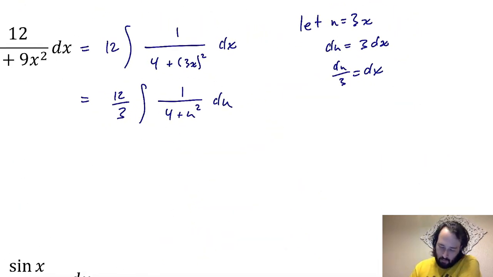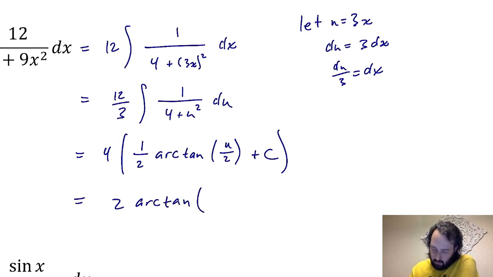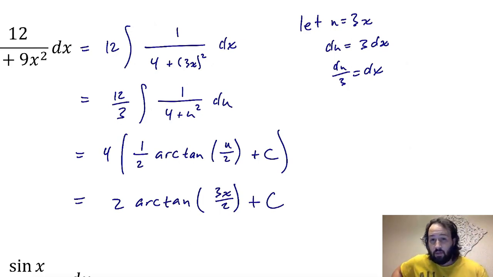So I have 4, right, so that's just 12 divided by 3, times 1 over 2 arctan of u over 2 plus c. I can distribute that 4 to make this 2 arctan of u over 2, which would be 3x over 2 plus c. The 4 can multiply into the c, and that's fine. You could write it as 4c, but it's just some constant that's unknown, so it's just 4 times as big as that c already was. Okay, and that's it.